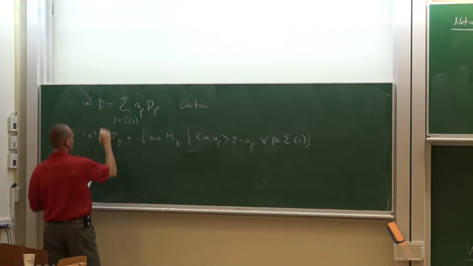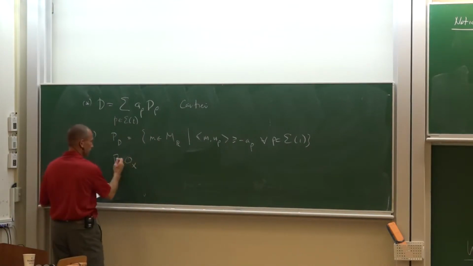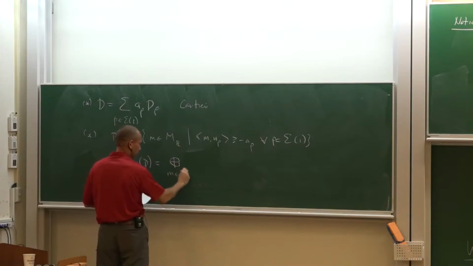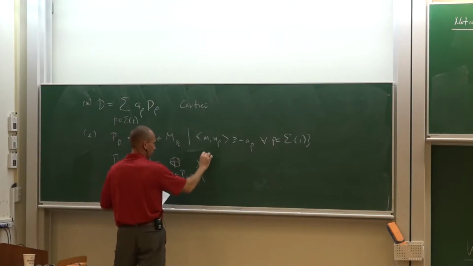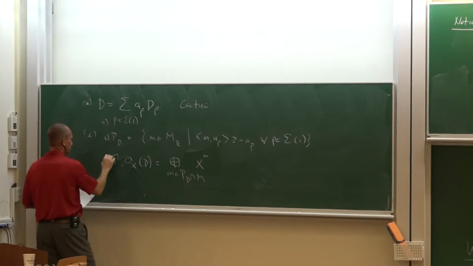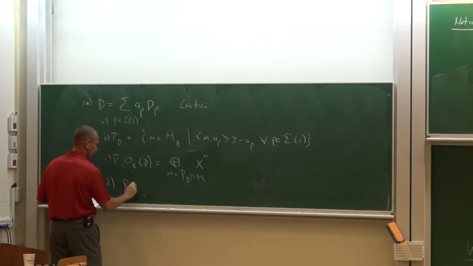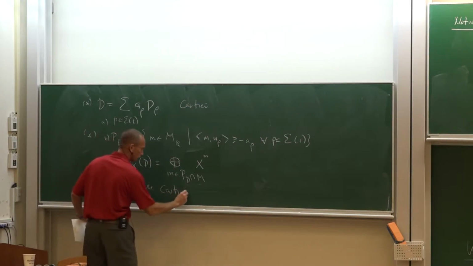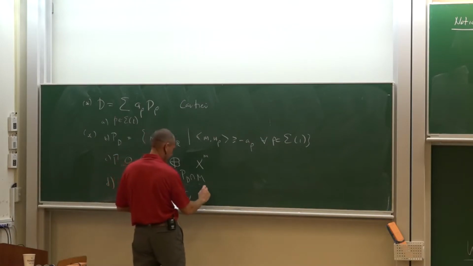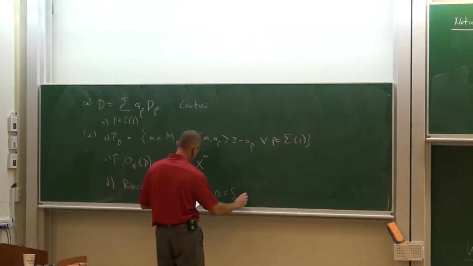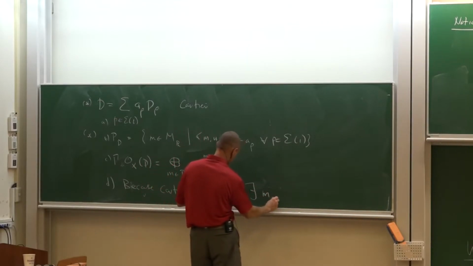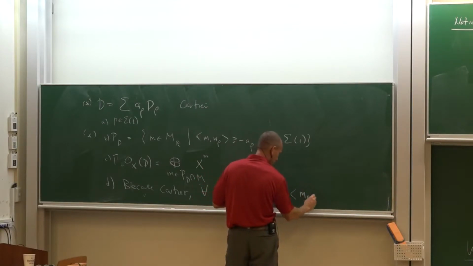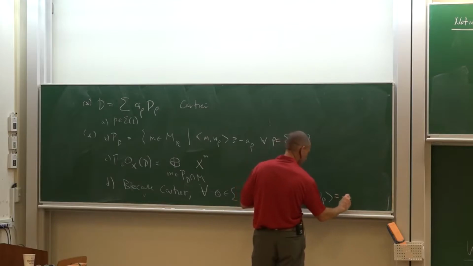And we had gamma of O_X(D) is the direct sum over m in P_D intersect M of chi^m. Because D is Cartier, we know that for all sigma in the fan, there exists m_sigma such that the inner product of m_sigma with u_rho equals minus a_rho.